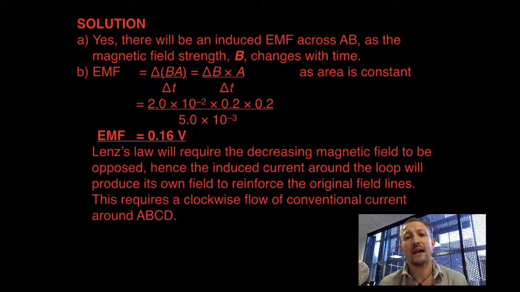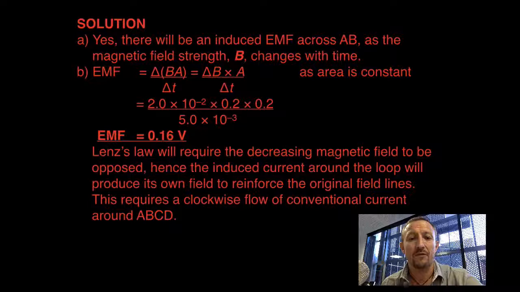So we've got to work out the flux using B and A. We know the field strength is 2 times 10 to the negative 2, and we know the area is 0.2 times 0.2. We know the time that it took is 5 times 10 to the negative 3 seconds. Remember, it's in milliseconds. So we calculate all that through, and the EMF comes out as 0.16 volts.